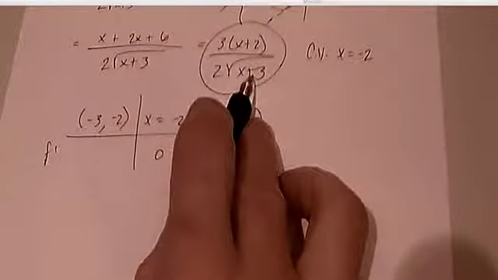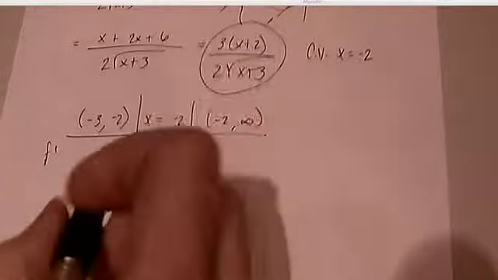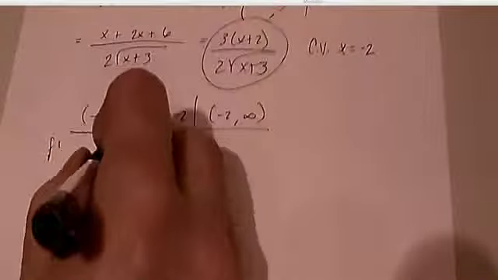So basically, the only thing that's going to determine the positiveness or negativeness of this is the numerator. And therefore, I know that anything between -3 and -2, when you plug it in for this x, is going to make this negative. So that's negative, and anything that's greater than -2 is going to make that positive. So we have that right there.